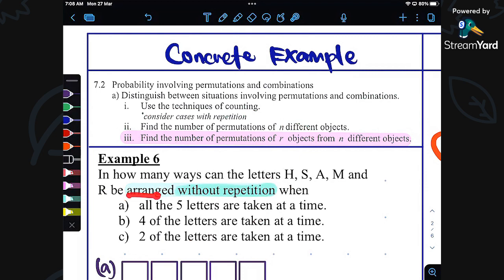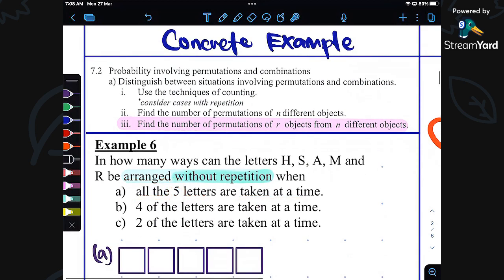So we want to arrange when all 5 letters are taken at a time. If you look at the question here, this is all the letters. So for 5 letters, I put 5 boxes here, so that I know which letters are to be written in each box.